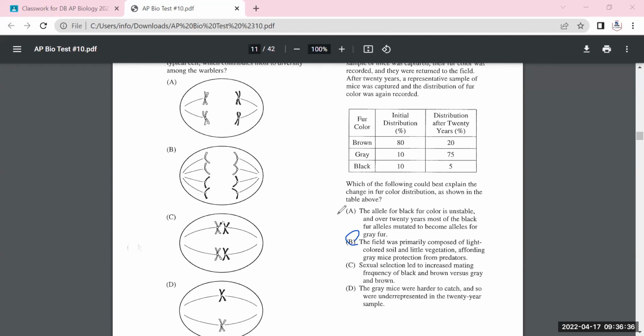Not necessarily. More like you would see the possible start of future speciation. Okay. Gray mice were harder to catch and so were underrepresented in the 20-year sample. Yeah, possible, not necessarily.